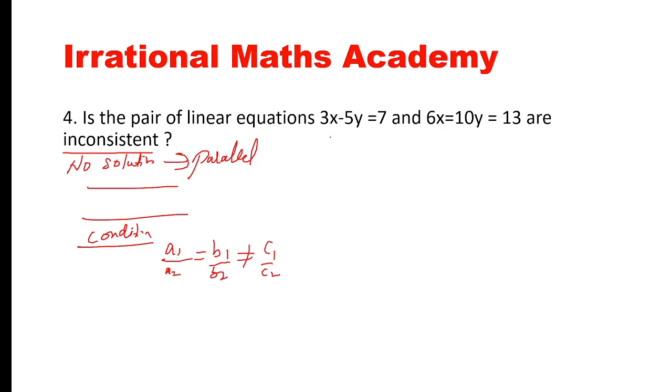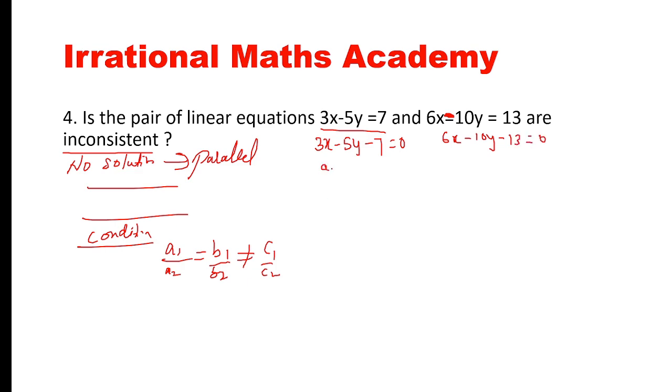Okay, we'll check. So first let me write down this one: 3x minus 5y minus 7 equal to 0, and 6x minus 10y minus 30 equal to 0.